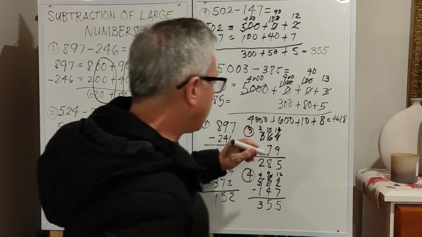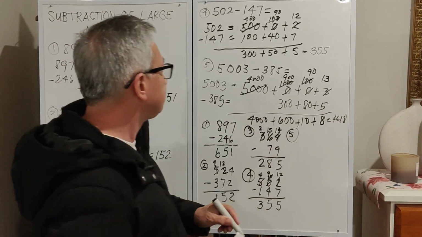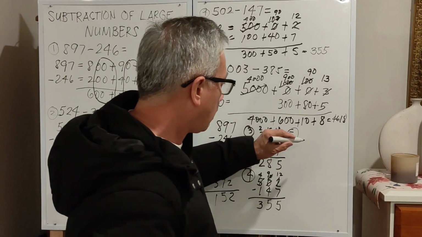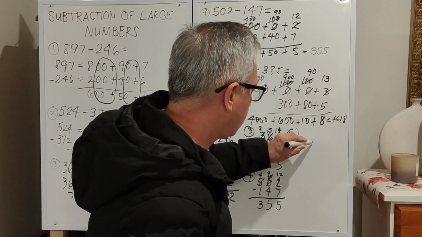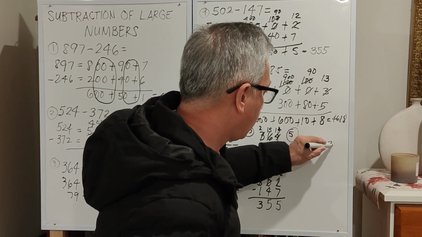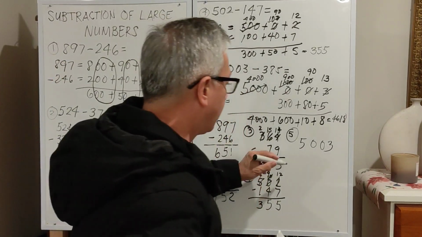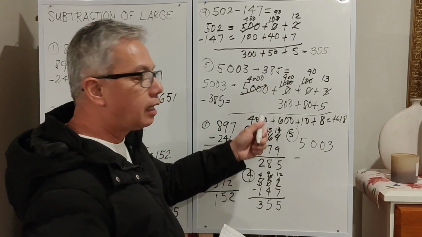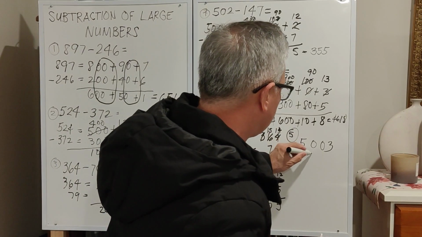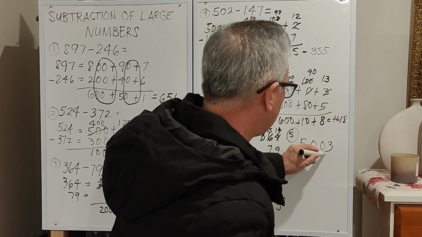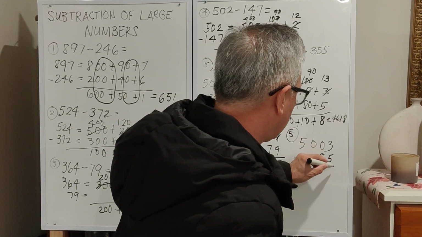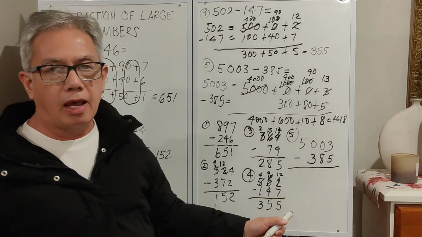So number 5, 5003 minus 385. So we are aligning the same place value. So 300 would be aligning here, 80 would be aligning here, and 5 would be aligning here. So 3 minus 5 we cannot subtract.